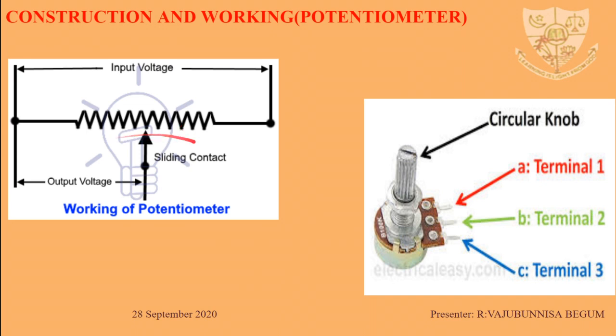When the resistance changes, the current flowing through the circuit changes. Hence, according to Ohm's law, the voltage also changes. Let us see some applications of potentiometers. They act as voltage dividers. They are commonly used in audio control circuits, television, transducers, etc.